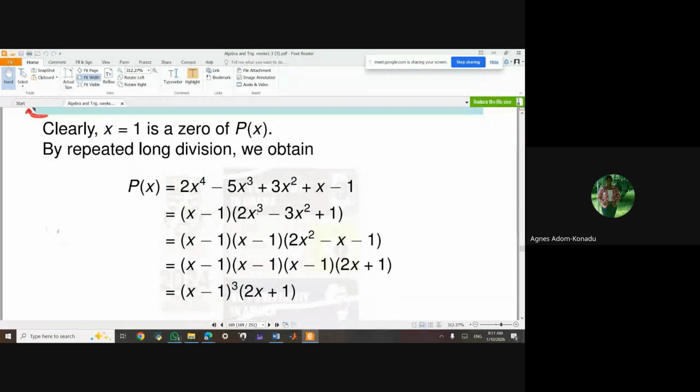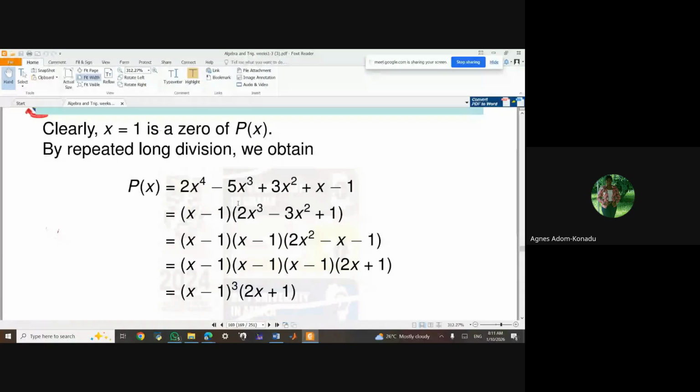This is a cubic function, so you have to find the zeros for this cubic function too. When you solve, you will see that x minus 1 is also a factor of this cubic function. So you divide 2x cubed minus 3x squared plus 1 by x minus 1.